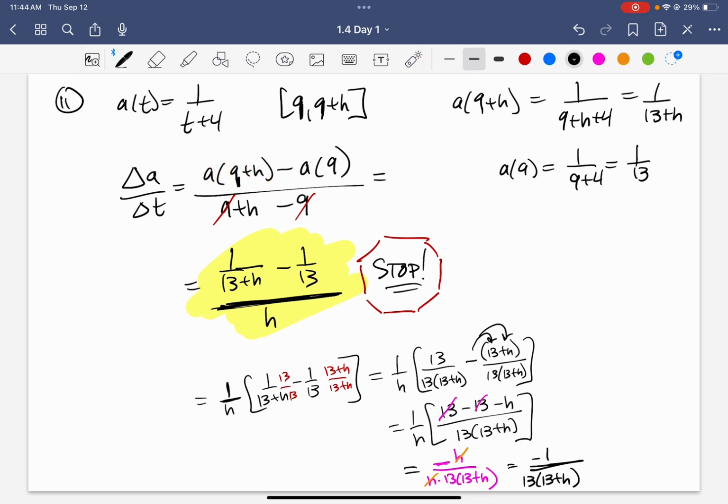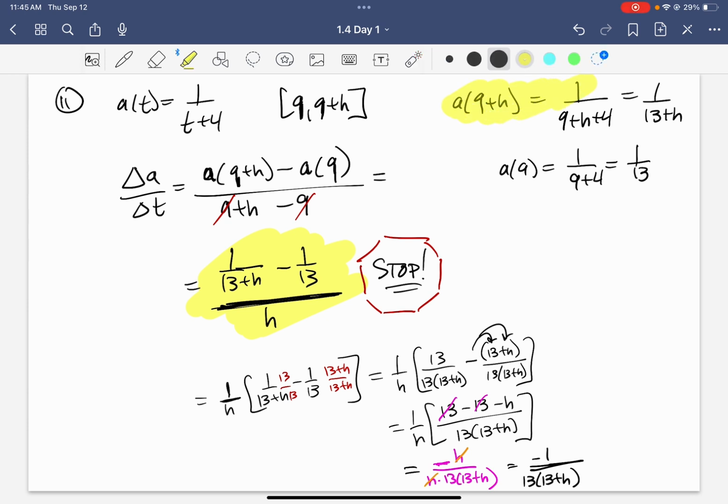I'll make sure that that's clear, that that's a 9, that this is an a, and this is an a, and this is a 9. So then I'm going to find a at 9. And I'm going to subtract those and divide by 9 plus h, my second point, minus 9, my first point.